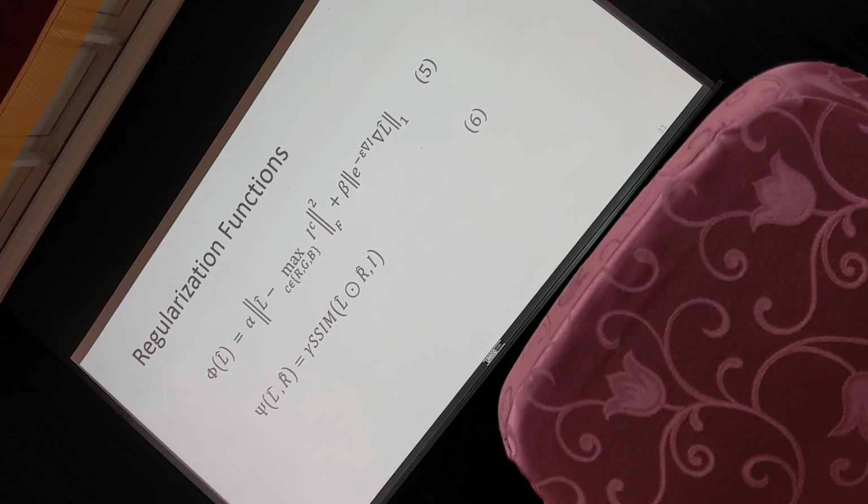And the second one is a smoothness-aware likelihood, or a similarity between the source image and the illuminance image, so that the illuminance image will be similar to the source one. The second regularization function is psi, the similarity index for the reconstructed image L hat and R hat and the source image I.